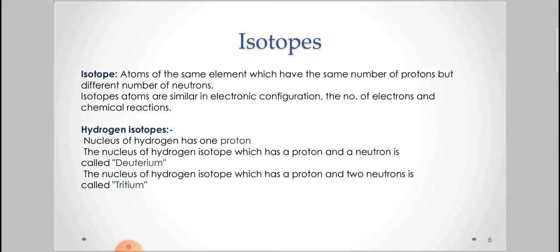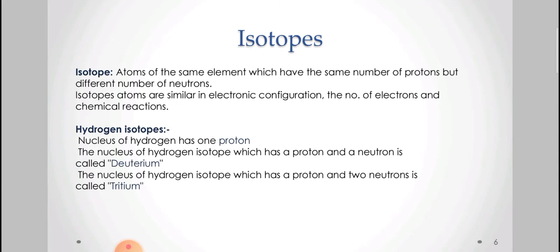Isotopes: atoms of the same element which have the same number of protons but a different number of neutrons. Isotope atoms are similar in electronic configuration, number of electrons and chemical reactions. Hydrogen isotopes: the nucleus of hydrogen has one proton. The nucleus of the hydrogen isotope which has a proton and a neutron is called deuterium.